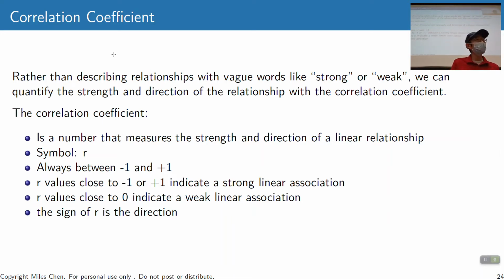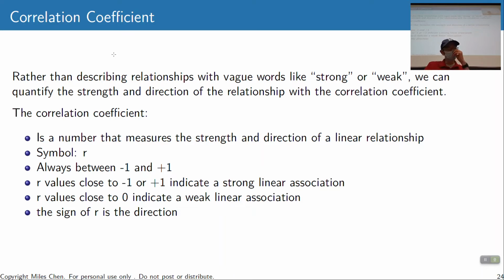We can say in the second grade classroom, there's very little spread in the ages. In the DMV waiting room, there is a lot of spread in the ages. But rather than just saying little and lots, we can give an actual number. We can calculate it, and we can say the second grade classroom has a standard deviation of 0.6 years. The DMV waiting room has a standard deviation of 15.4 years or something like that.